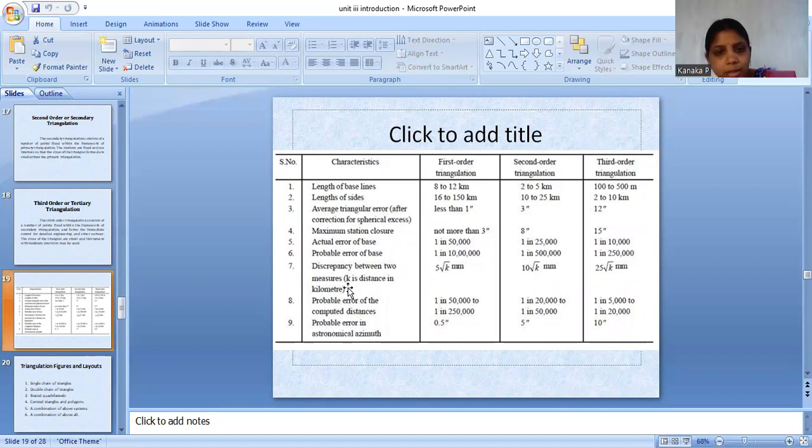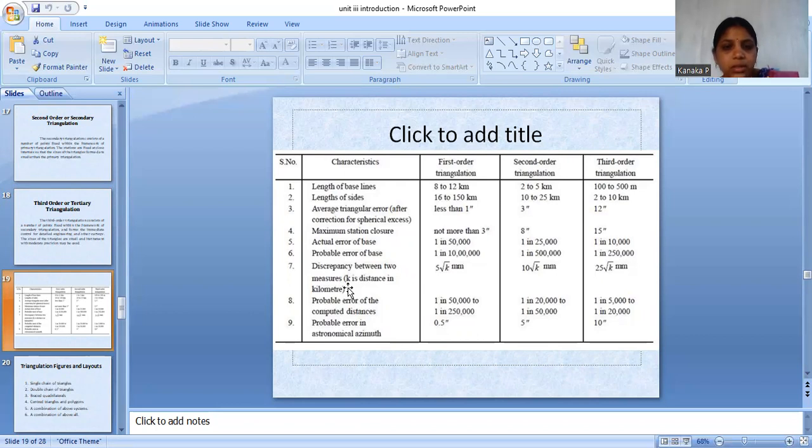So characteristics are the length of the baseline, length of the sides, average triangle error, maximum station closure, actual error of base, probable error of base, discrepancy between two measures, probable error of computed distance, probable error of astronomical azimuth. So these 9 characteristics of the first order, second order, third order triangulations give the limit of the specification in the tabulation.